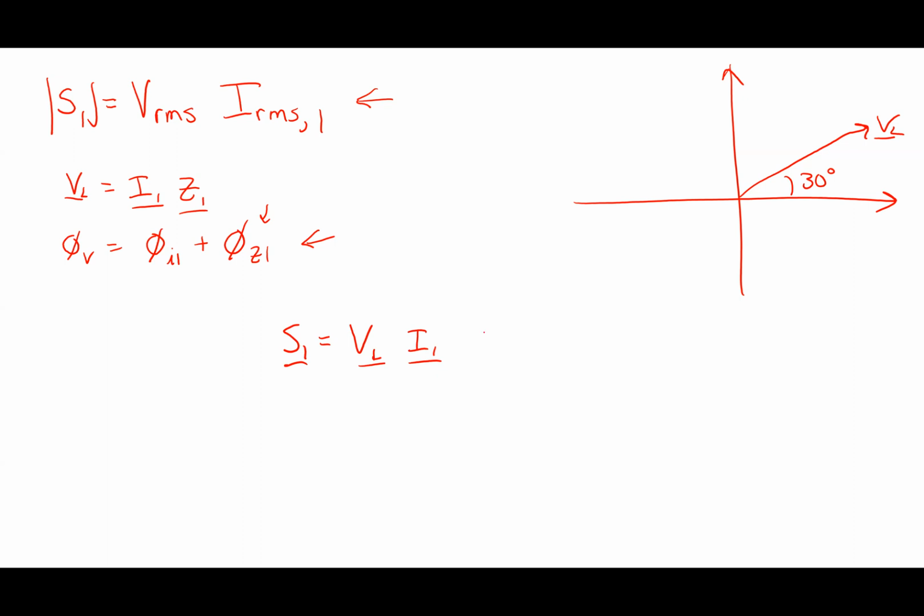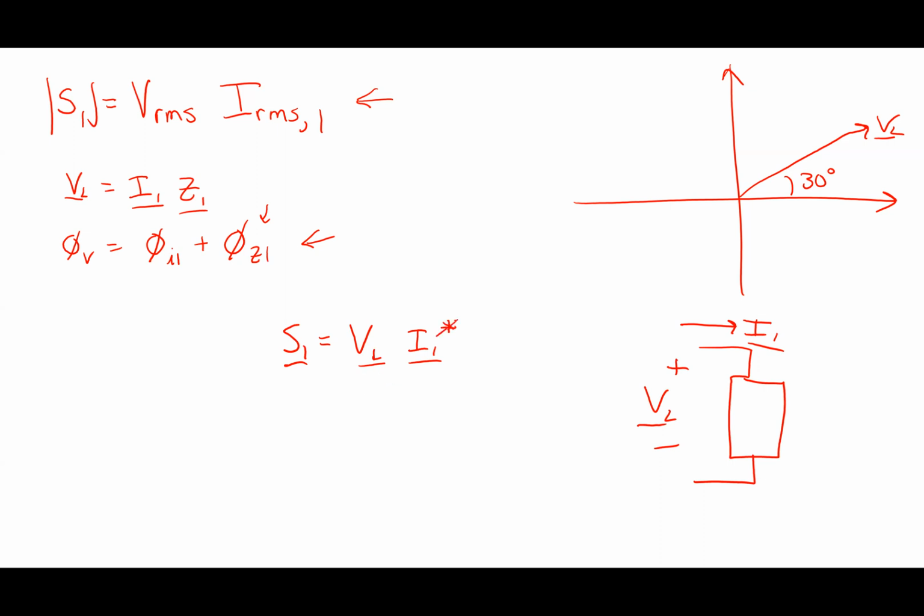Just to be clear, here's the load. So there's a VL across it. There's an I1 into it. Like that. Something's wrong with this. It's conjugate. Okay, it's conjugate.